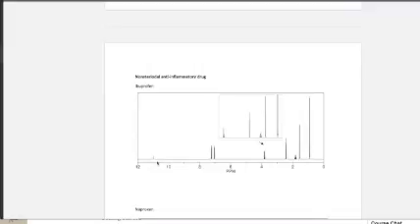And so starting with the peak to the very right, which is the one I will color in blue, it shows that it is around 0.9 ppm. Again, it is a CH3 bond, so it is going to be 0.9.